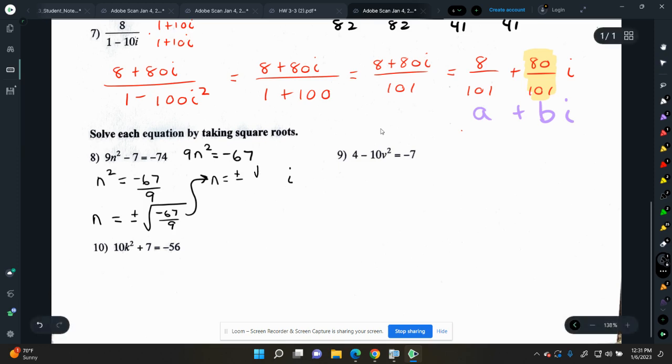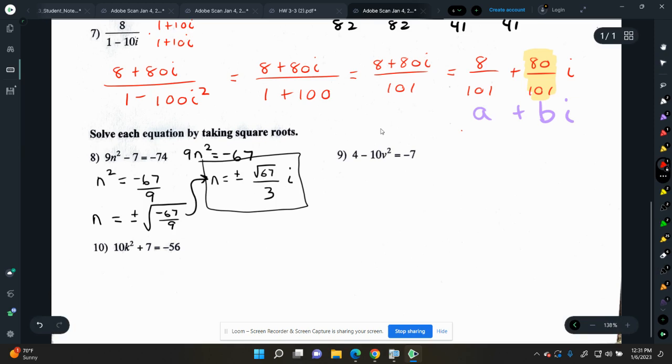So we've got the square root of 67 over 3. So our answer is n equals plus or minus the square root of 67 over 3 i. We good with that one? Okay, let's look at the next one.